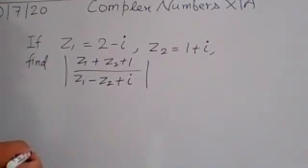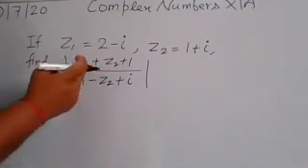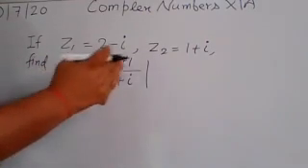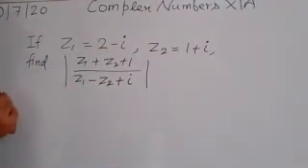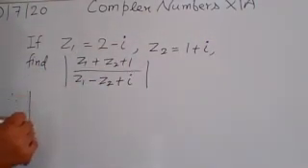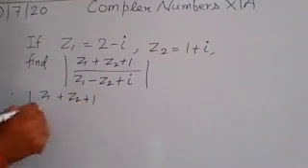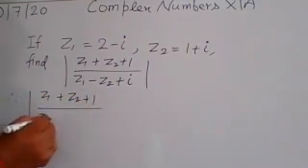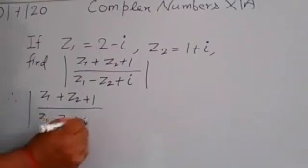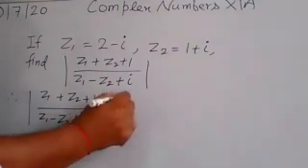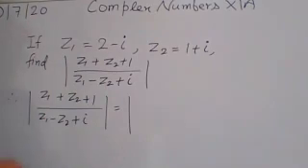So what you do here, you have to put in the values of Z1 and Z2. So you write in the solution: mod of (Z1 plus Z2 plus 1) whole divided by (Z1 minus Z2 plus i) is equal to, here you put its value.